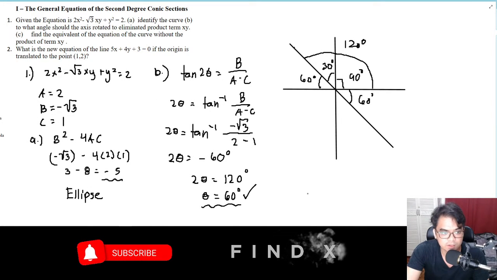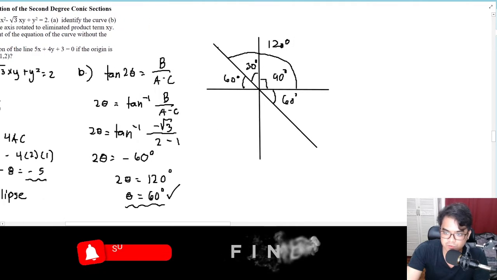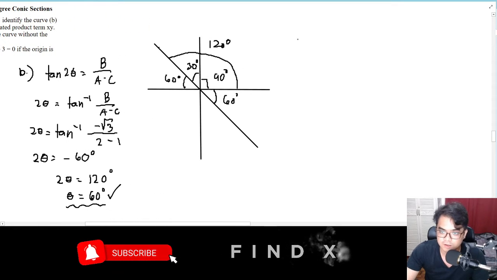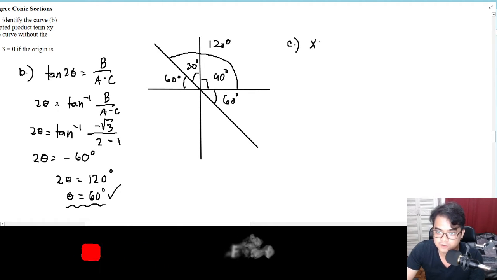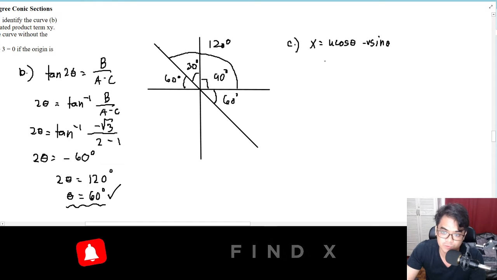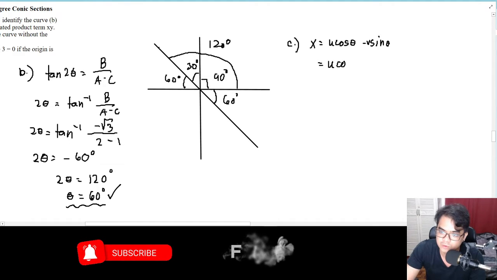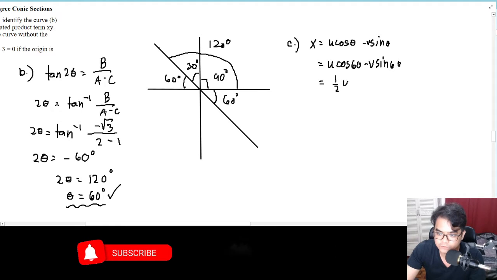For letter C, find the equivalent of the equation of the curve without the product term xy. You can just use the relation. So x will be equal to u cosine theta minus v sine theta. We were able to compute theta, which is 60. So this is u cosine 60 minus v sine 60, which will be equal to 1 half u minus square root of 3 over 2 v.